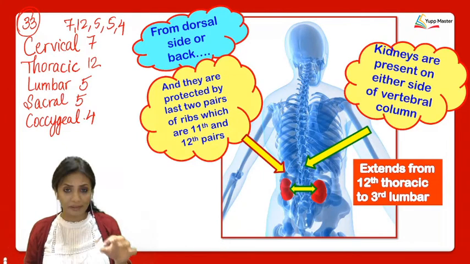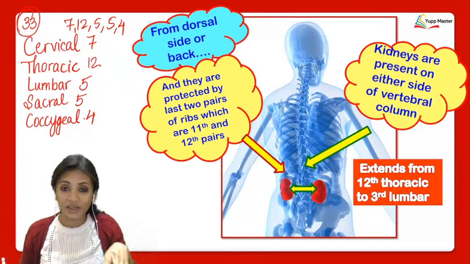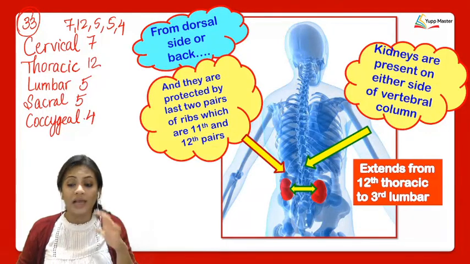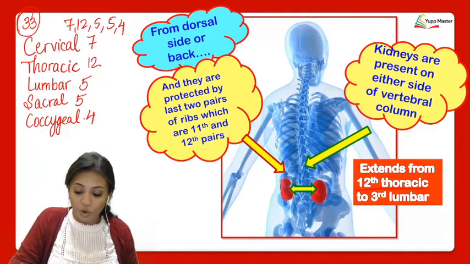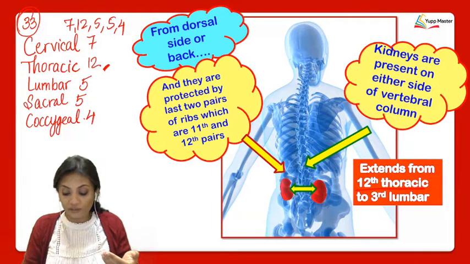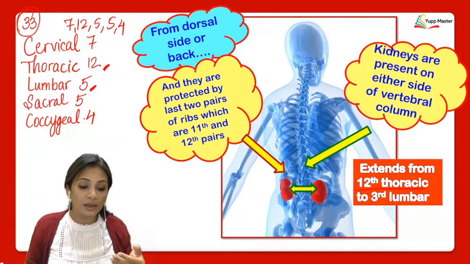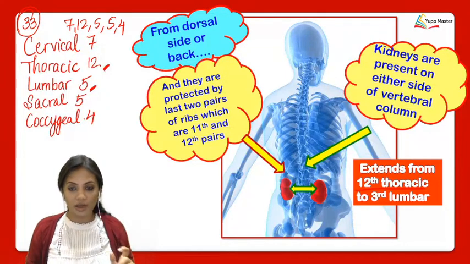That's how you're going to remember it. Now, talking about the placement of the kidneys, they are placed from the 12th thoracic, over here, the last thoracic, and they range all the way up to the 3rd lumbar. So we see here 12th thoracic to 3rd lumbar vertebrae.